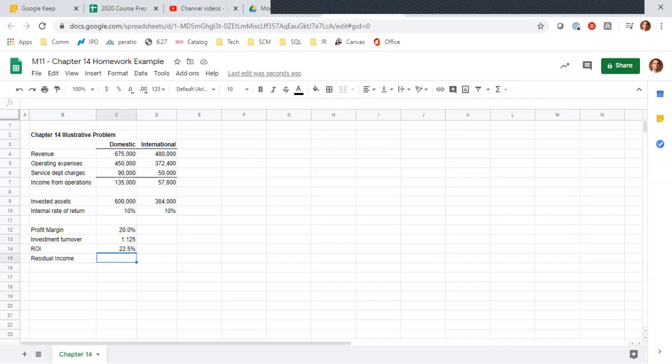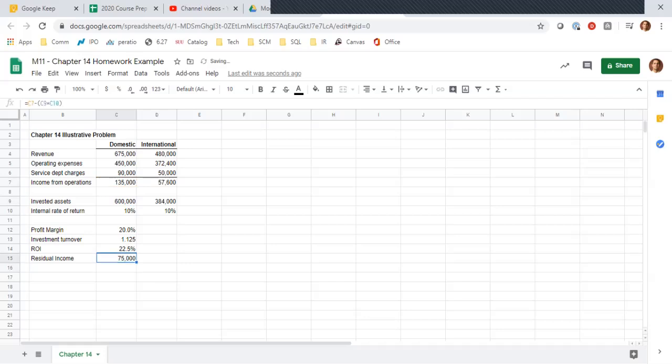Now, residual income is whatever income from operations remains after hitting our minimum required internal rate of return on invested assets. Okay, so our residual income is going to be our income from operations less our invested assets multiplied by our internal rate of return.